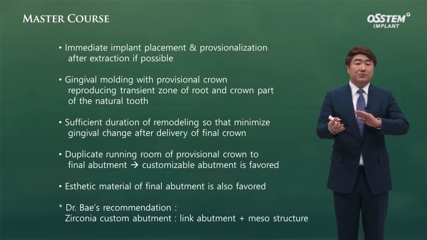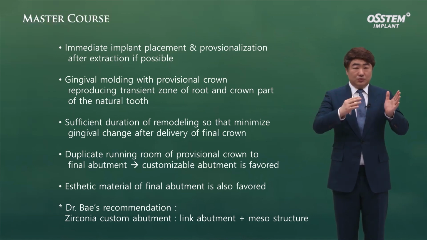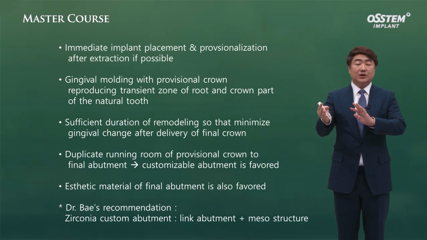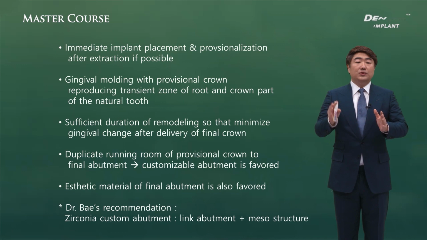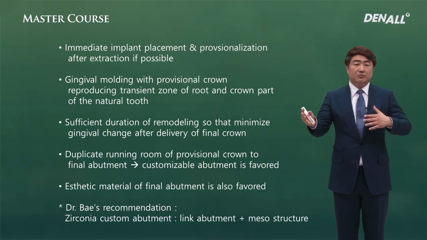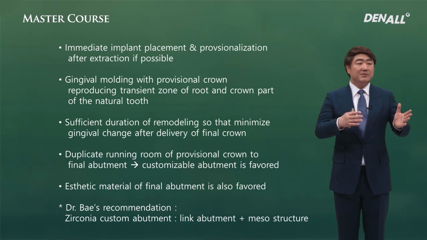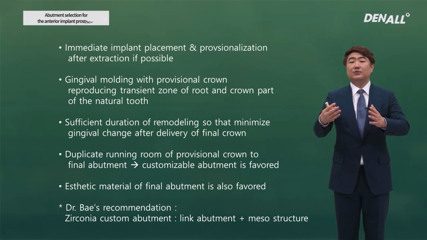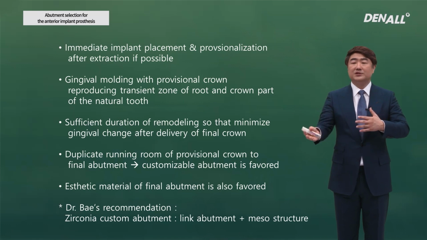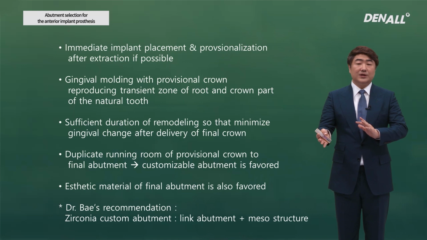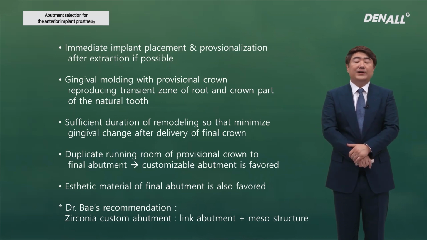With the screw type temporary, the transition zone between root and crown should be reproduced as much as possible, and you also have to allow sufficient time for remodeling. Once you think the gingiva has stabilized, you take the impression for the final abutment. And for that impression, the temporary's running room needs to be imitated.